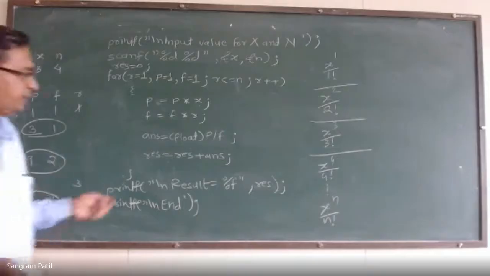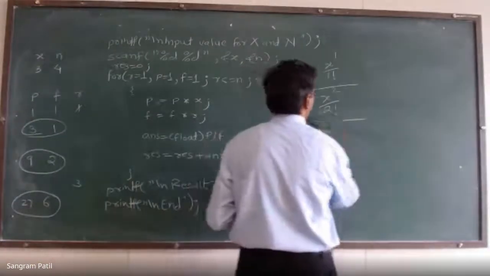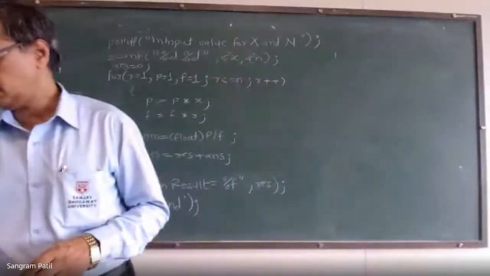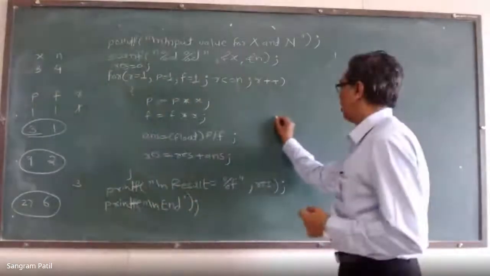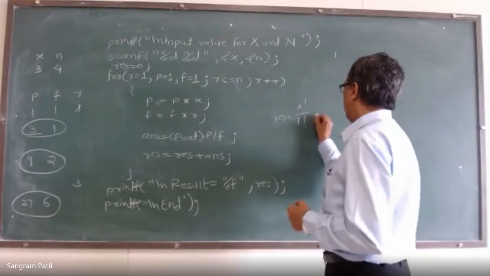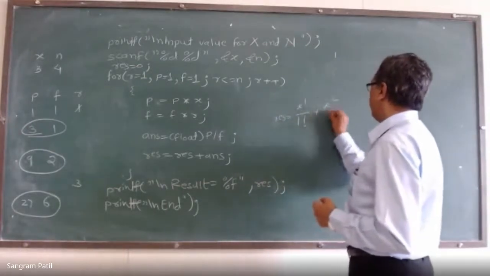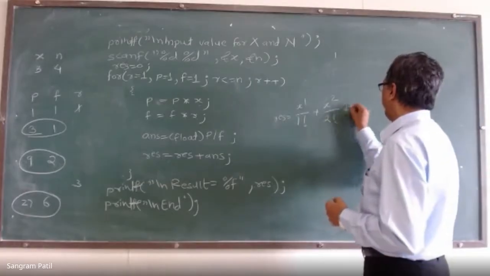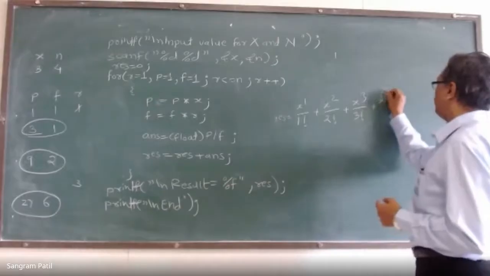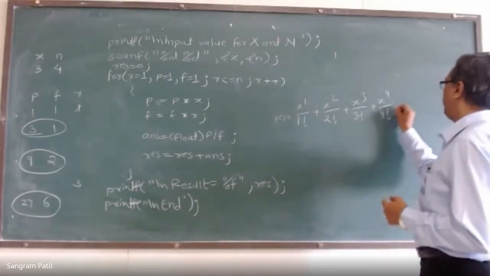Answer will be 15.3. But how it comes? How it is derived? Which is nothing but now your RES is nothing but x raised to 1 divided by 1 factorial plus x raised to 2 divided by 2 factorial plus x raised to 3 divided by 3 factorial plus x raised to 4 divided by 4 factorial.